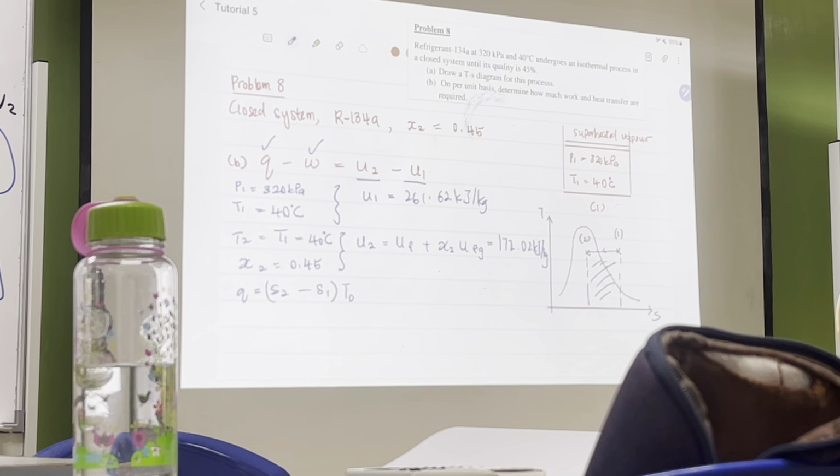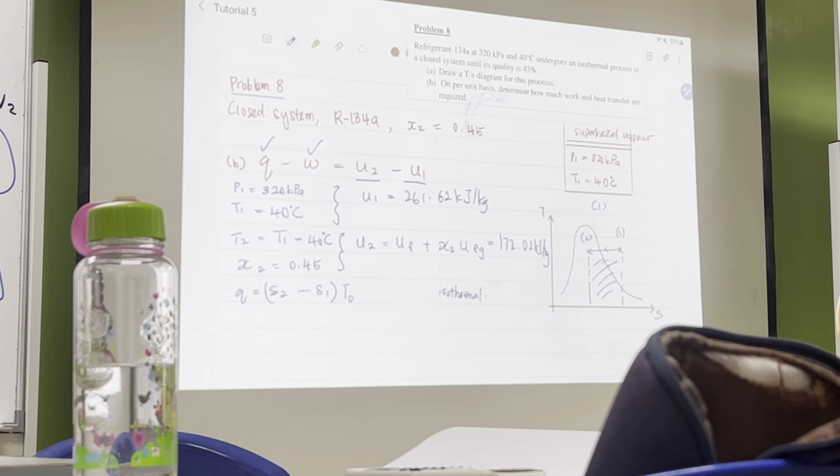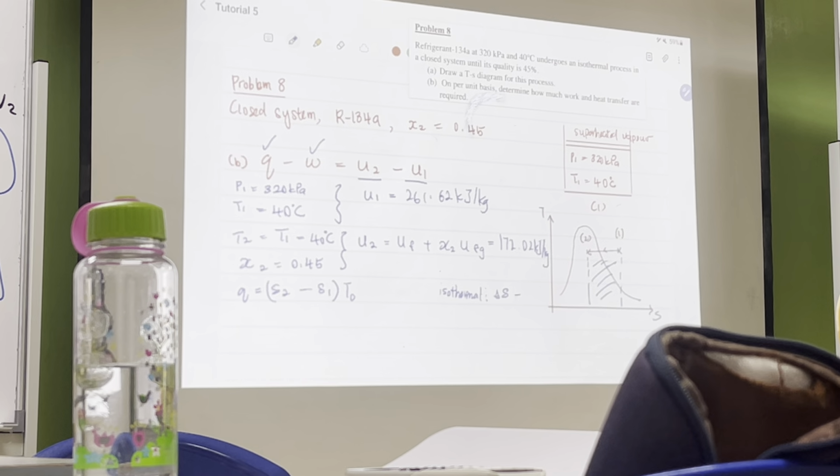Okay, so this is the same equation as what you learned this morning. This morning we learned that for an isothermal process, delta S equals Q over T, right? Capital Q over T. So same thing here, we just move the T over. That is the equation.